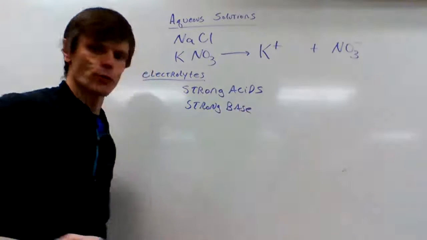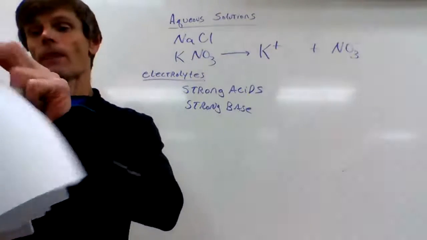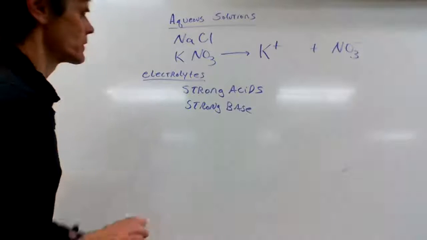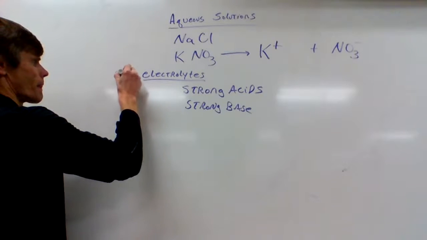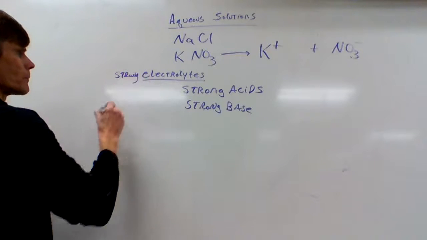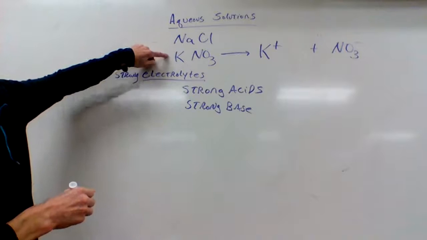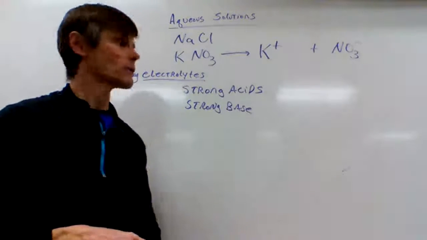And this is where we start to classify electrolytes as being either weak or strong electrolytes. Strong electrolytes include sodium chloride, potassium nitrate, strong acids, and strong bases.